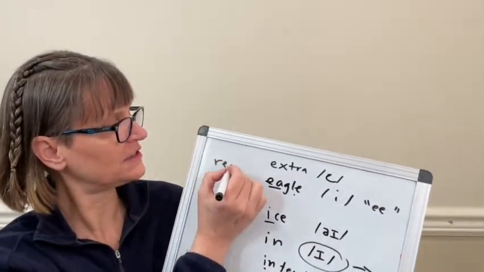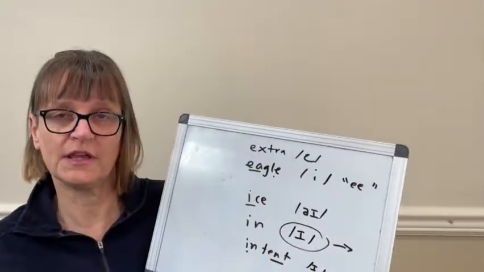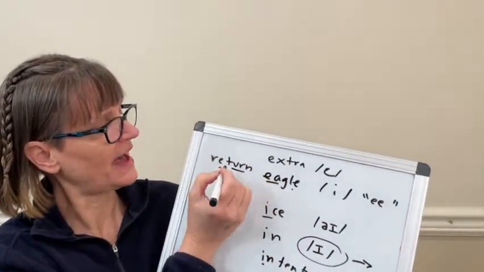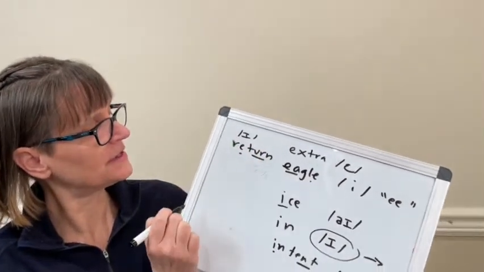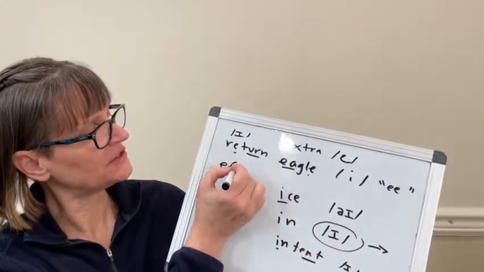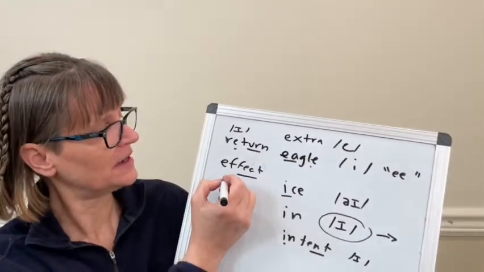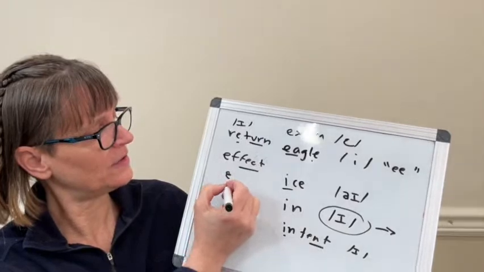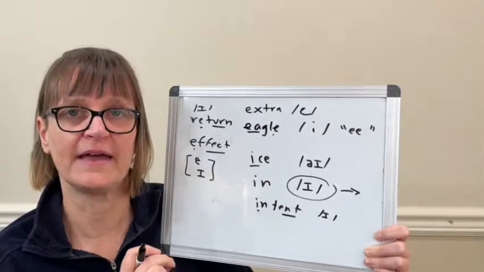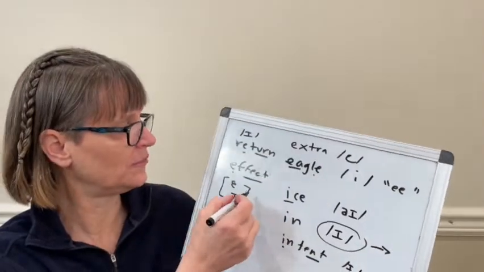This doesn't start with E, but if we're looking at a word with RE, for example, like return or receive, where it's not stressed on that E, that's also going to be an I sound. Effect. Okay, here's an example that starts with E, stressed on the second syllable. Effect. You may see it in the dictionary with one symbol or as I. These are typically going to be reduced though, so I'm not going to say effect or effect, but rather effect with a shorter reduced sound.